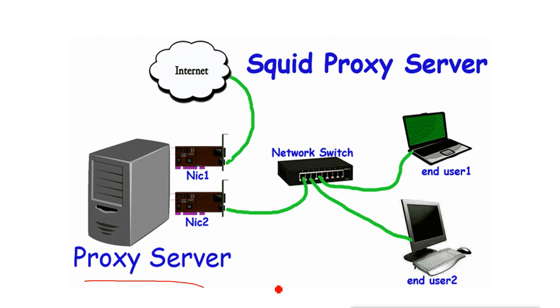Now what is the benefit of using this? First, if we get a connection limited to some users, we can extend it to our end users by using the proxy. Suppose we have an access that allows only one host to access the internet.